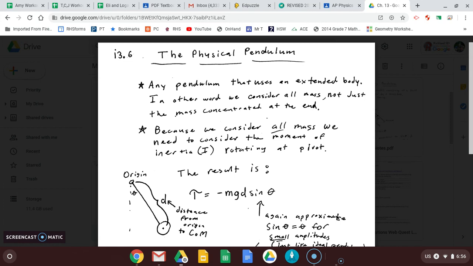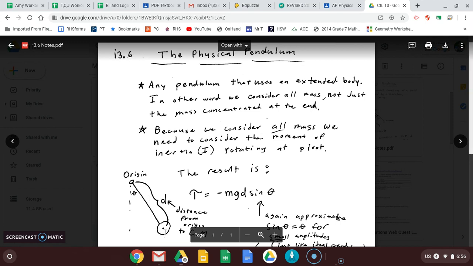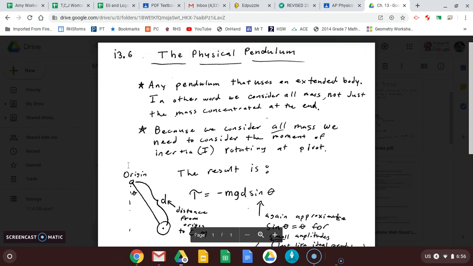But we could have physical pendulums where whatever connects the swinging mass to the rotational origin point maybe has significant mass or is a solid object or something like that. And then we have to consider the moment of inertia of the whole system rotating, and that's where torque comes in.